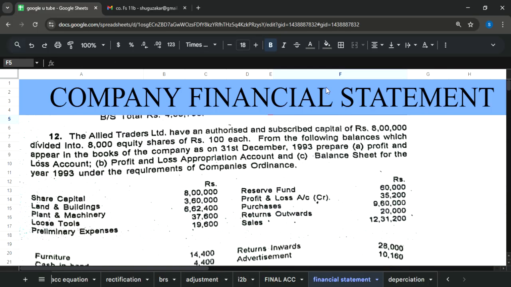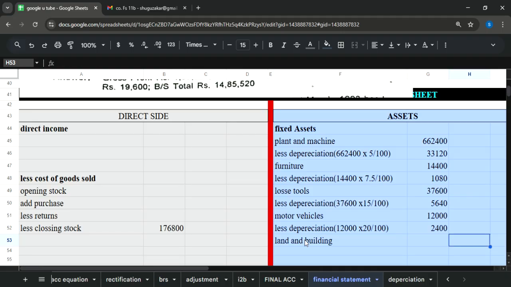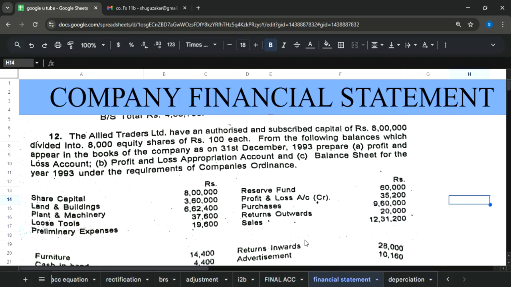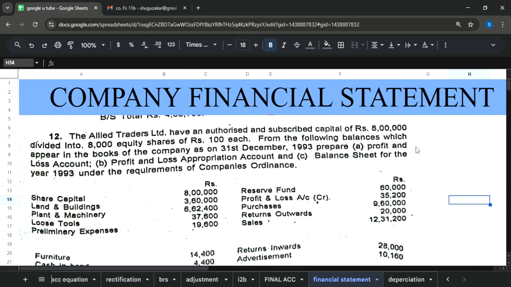After share capital we have land and building 360. Okay, this is not recorded, so we are going to record it now. The amount of land and building was 360,000, and this was mentioned over here, land and building 360, plant 662, and this has already been recorded, no need to go further.